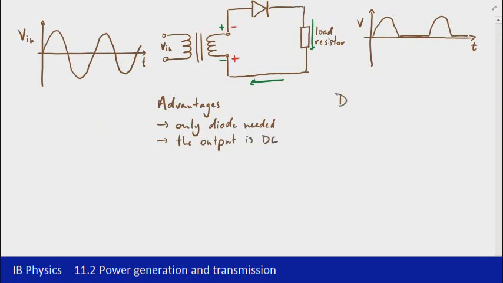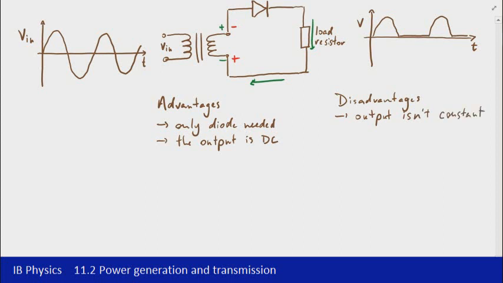But some of the disadvantages that we have here, the first is that even though it's a DC output, the output isn't constant. So we get that increase and decrease, first of all.